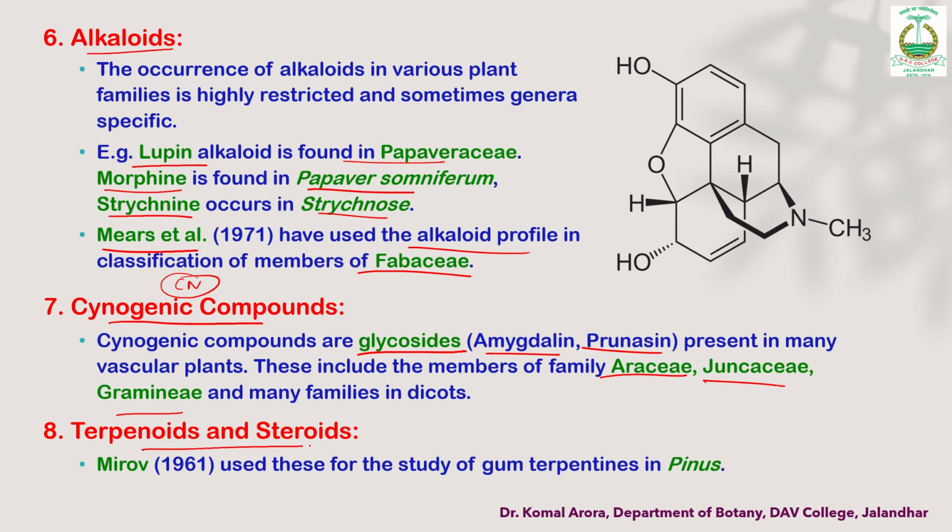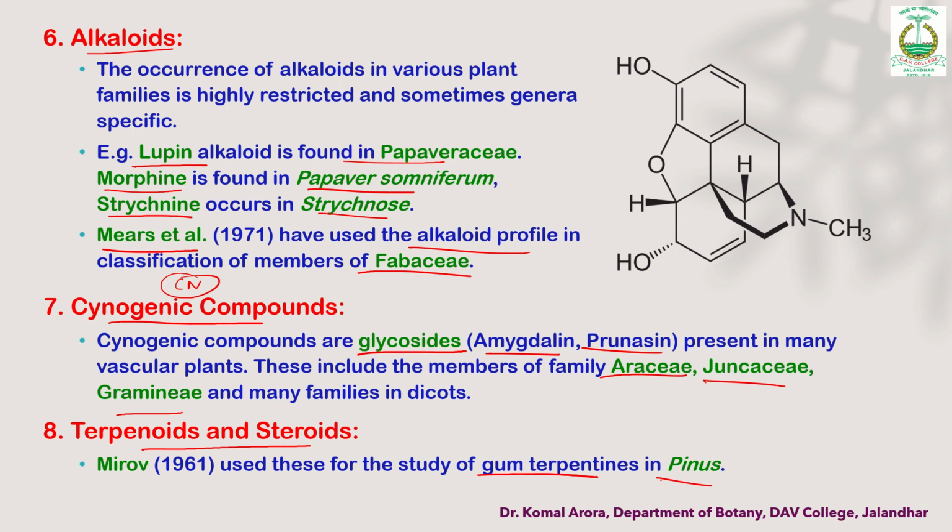Next is terpenoids and steroids. Mirov has used gum terpenes as the main classifying criterion for Pinus species. These are mainly terpenes, categorized into monoterpenes, sesquiterpenes, and diterpenes depending upon the isoprene units attached. The more isoprene units, the lesser the volatility of those compounds.